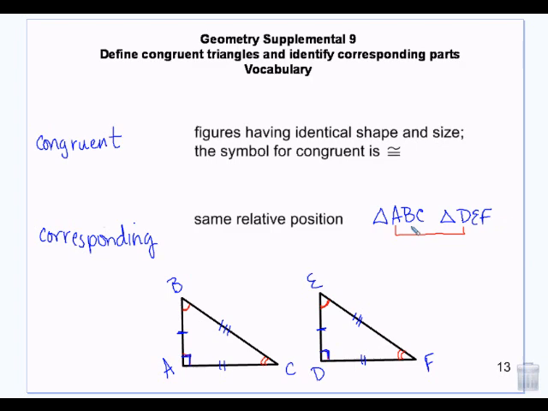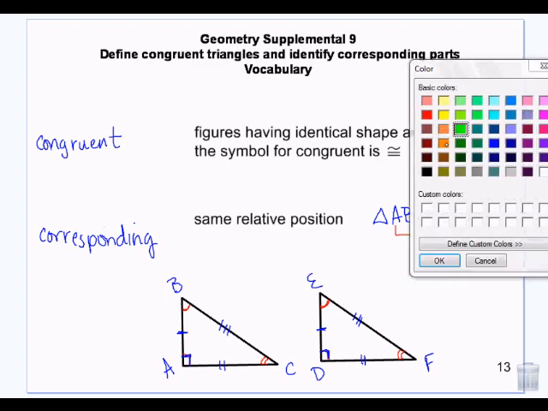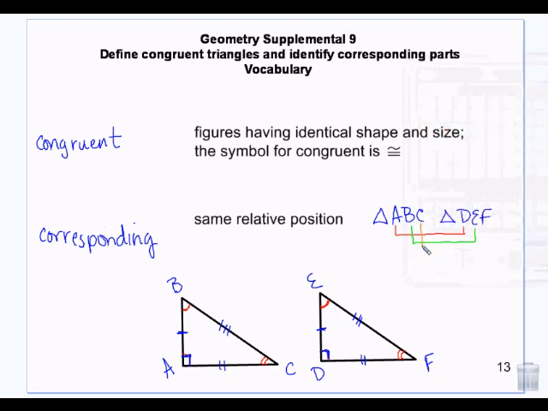Angle B will go with angle E. And angle C will match angle F. And then AB will be equal to DE. BC will be equal to EF. And then AC would be equal to DF. So all of the corresponding parts of the congruent triangles will also be congruent.